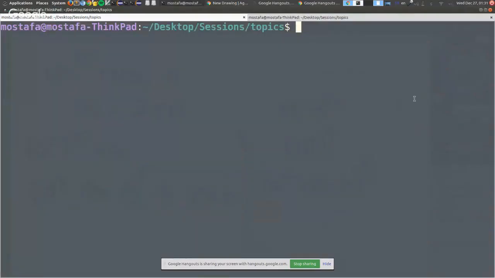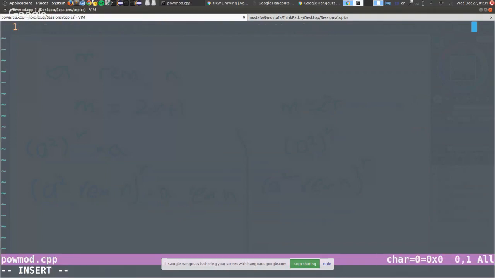Here we call it power mod, so taking an nth power and then making a remainder operator. So this exp, this is the exponent, which is the m in the equations I explained.